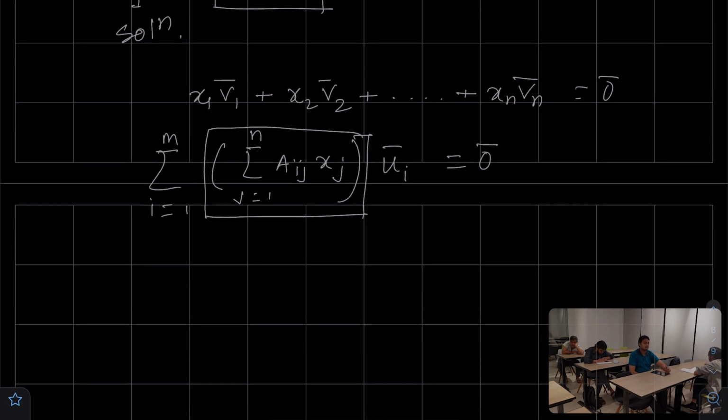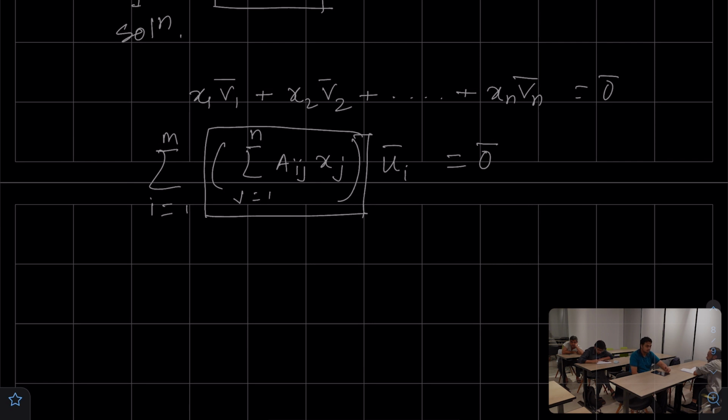We know that if m is less than n, then this equation has a non-trivial solution, so it doesn't have to be equal to 0.